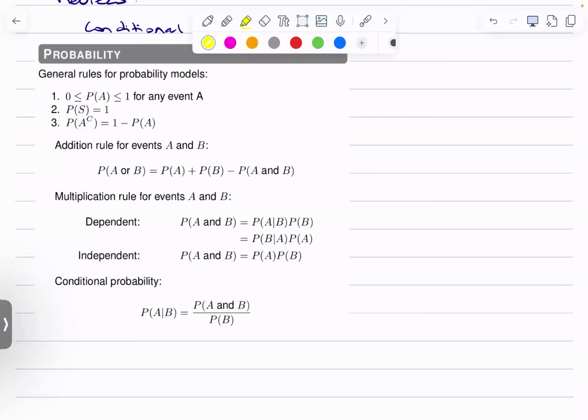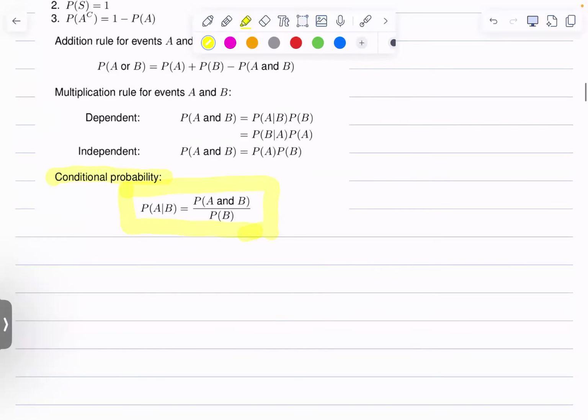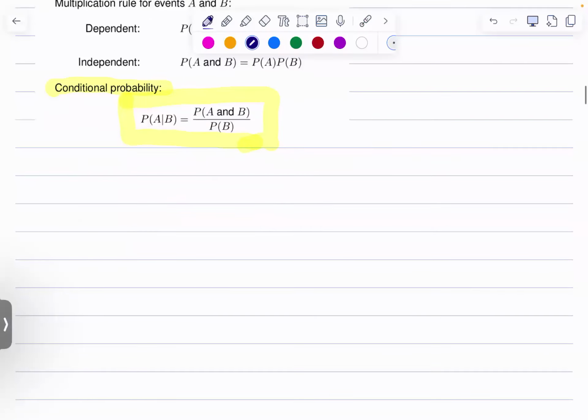For conditional probability, we were working with this formula here, right? And we said, okay, the probability of A given B, right, given that B has happened, is going to be the probability of A and B happening together over just the overall probability of B. And we saw we could use contingency tables to figure out these probabilities if we have the contingency table, but sometimes a tree diagram helps, right?